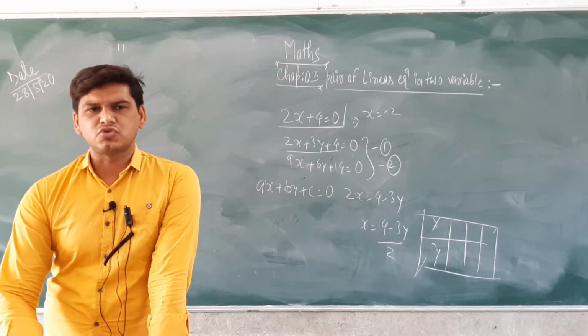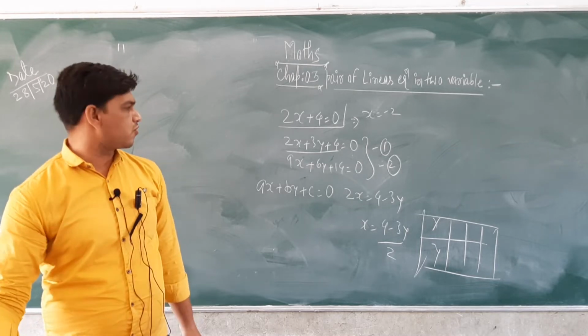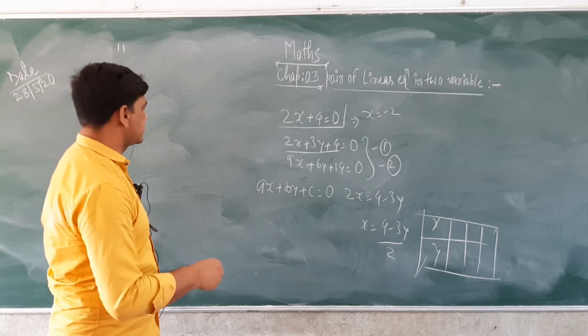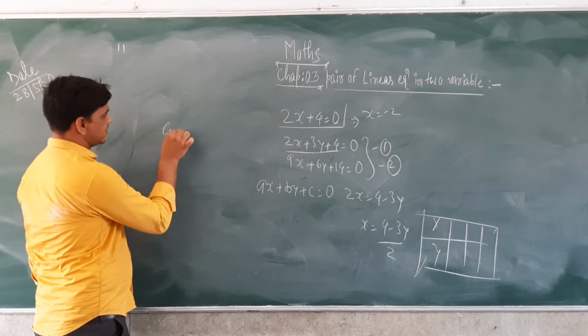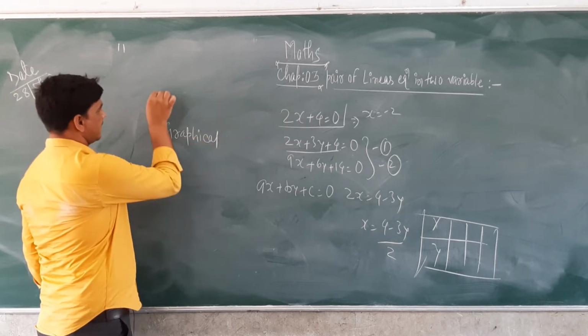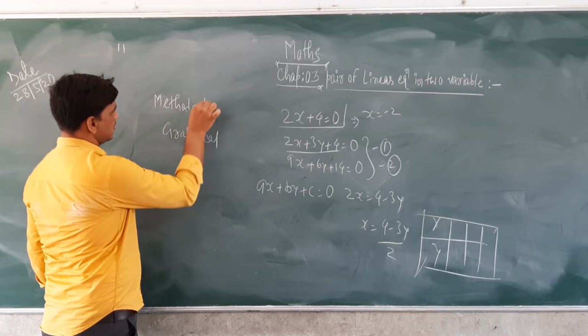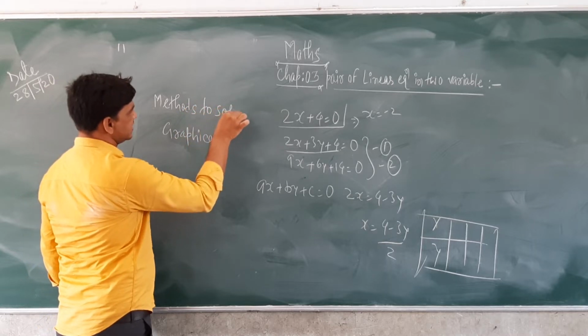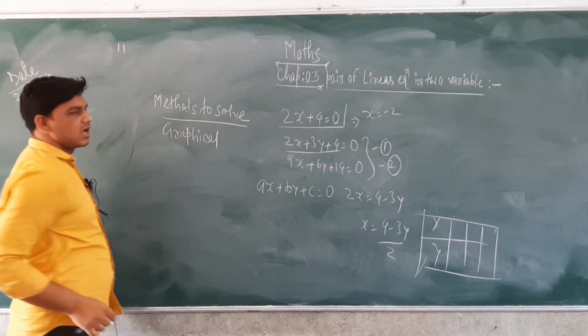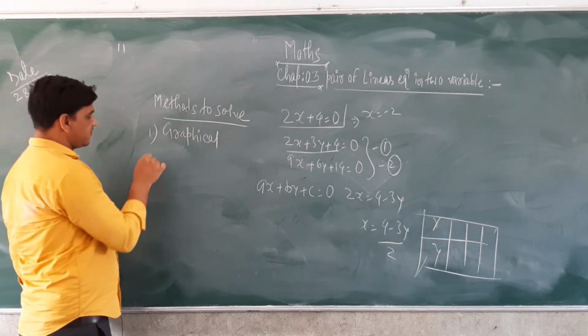But today we will start another method, called the substitution method. There are 4 methods to solve these equations, the methods to solve linear equations in two variables. First is the graphical method, in which we use the graph.